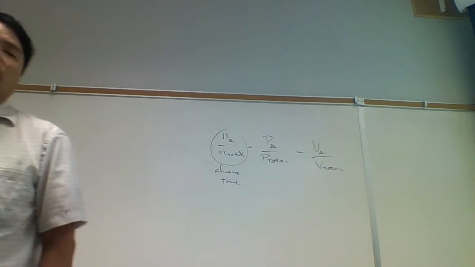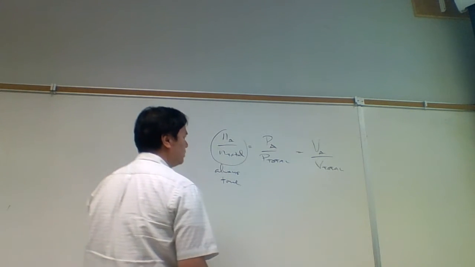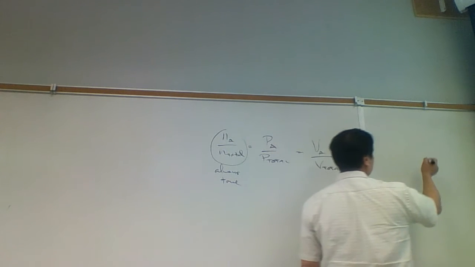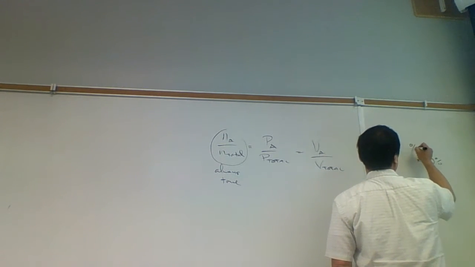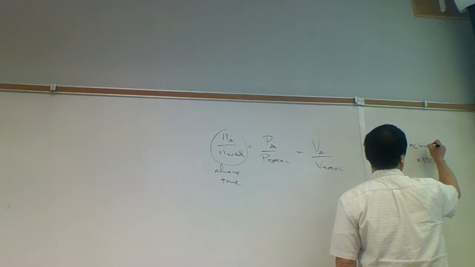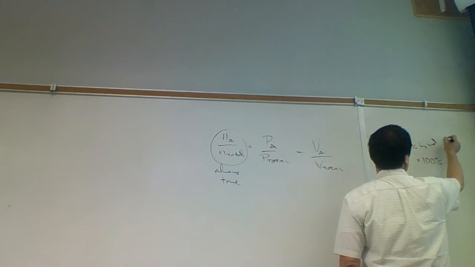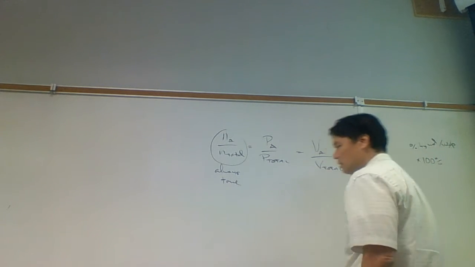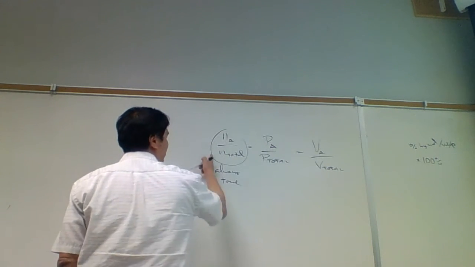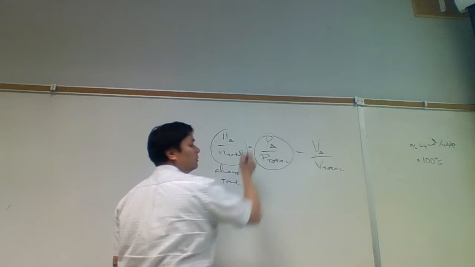We can convert this into a percentage by multiplying by 100%. It gives us the percent by mole, volume, or pressure. This is all the same number. When is this true?